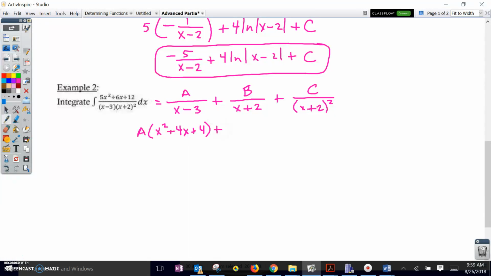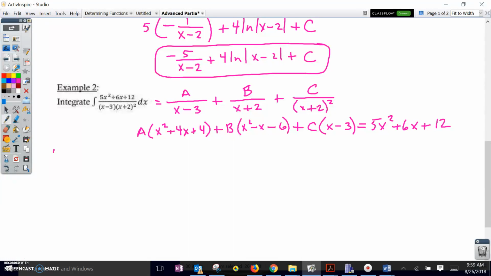And we're going to take B times x plus 2 times x minus 3. And the C, we only have to multiply by the x minus 3. Okay. And that has to be equal to 5x squared plus 6x plus 12.